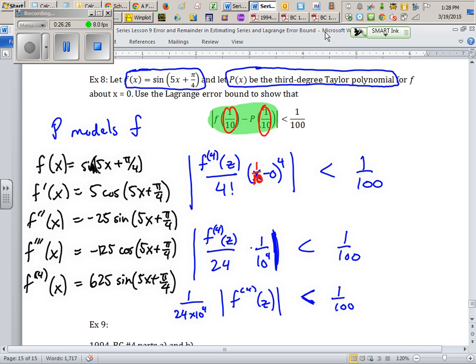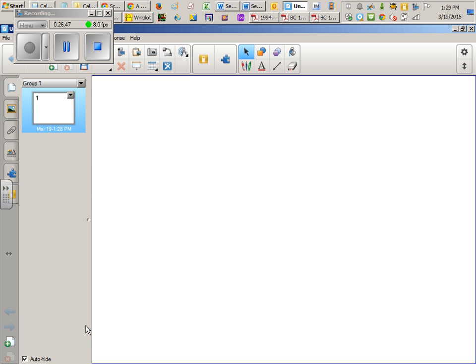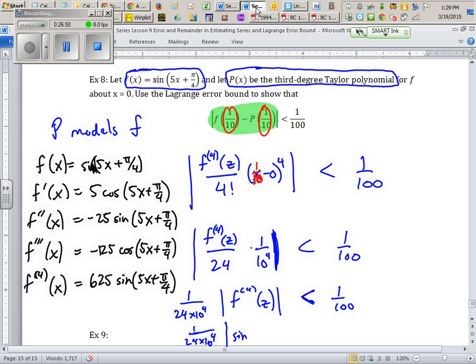Okay, so that was kind of a pain, but basically what we're saying is that this term, this f fourth derivative at z thing, is actually 625 sine 5z plus pi over 4, and that is less than 1/100.